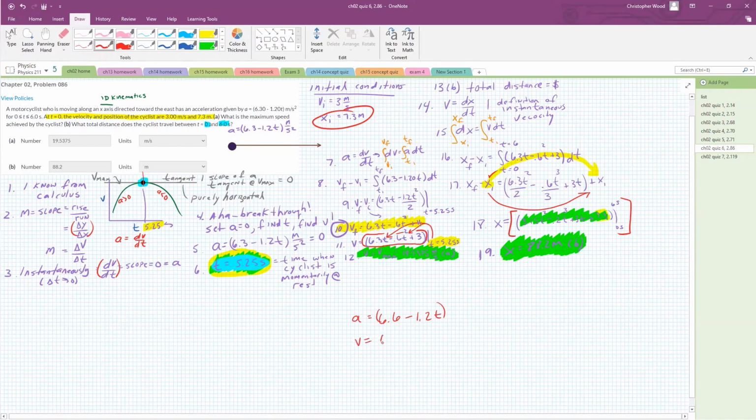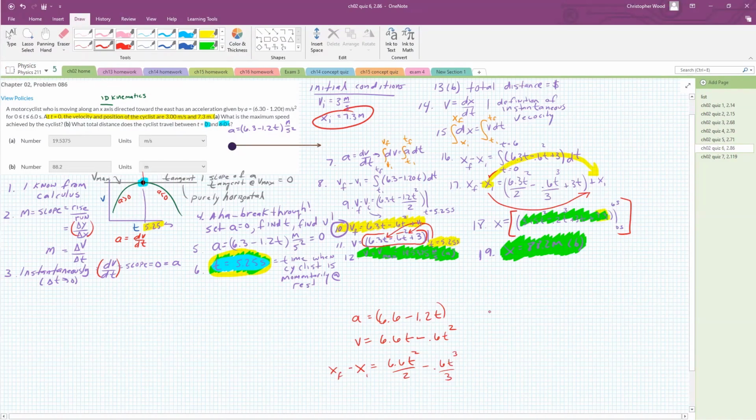Your velocity function is going to be 6.6t minus 0.6t squared, which means your position function is going to be 6.6t squared over 2 minus 0.6t cubed over 3. And I should write this as x final minus x initial.